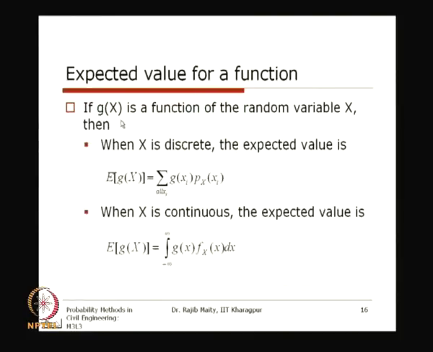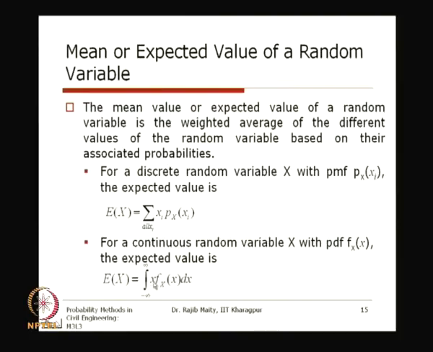So, as we have seen, when we are talking about the expected value of a random variable, we are multiplying the outcome, the x, with its probability. Now, we can get the expected value of any function of the random variable.